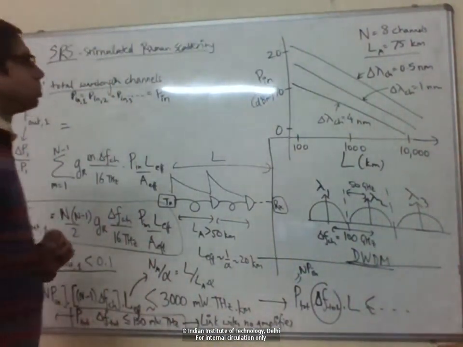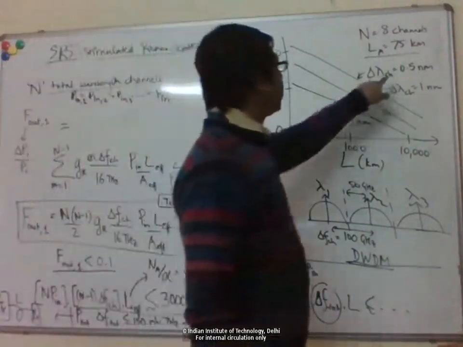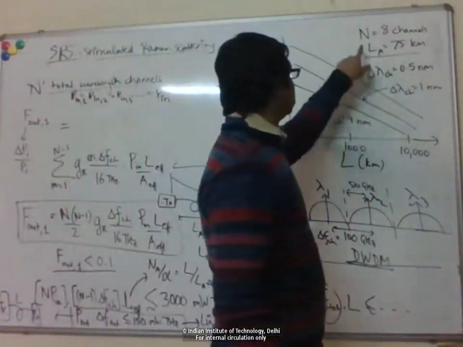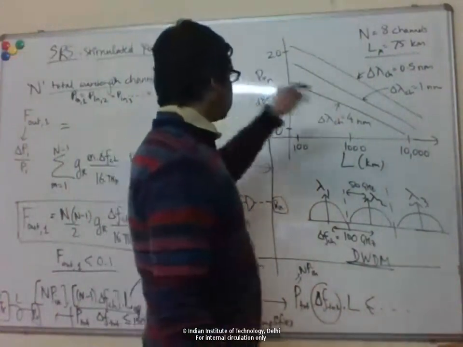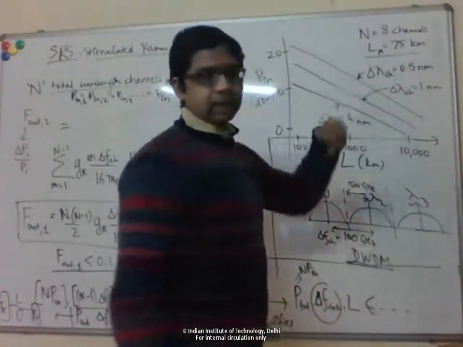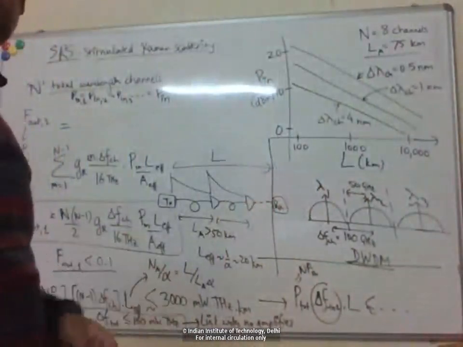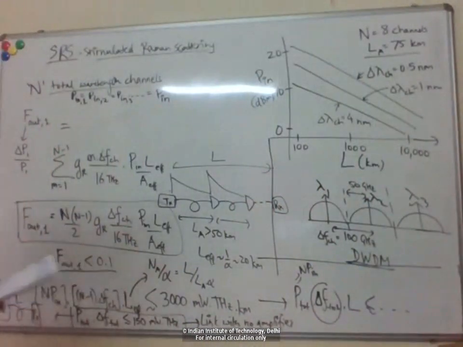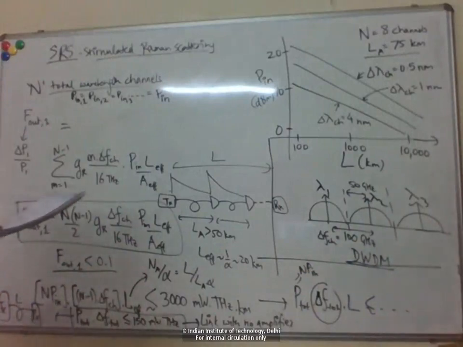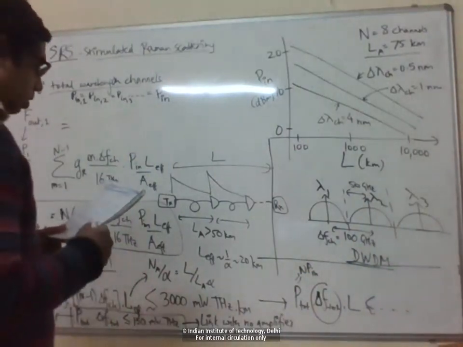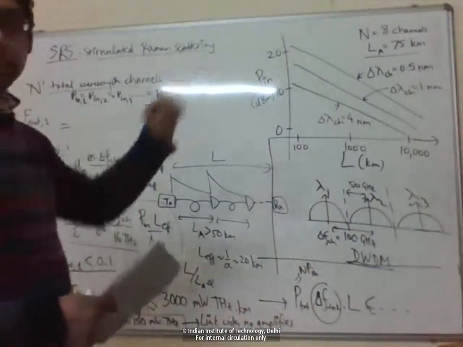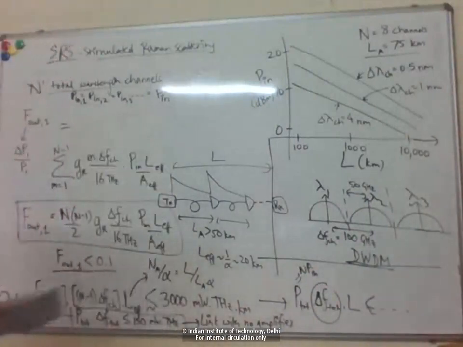Closer spaced channels are better because I can send more power, which means I can get a higher SNR at the receiver, so lower bit error rate. I hope that the plot is clear.